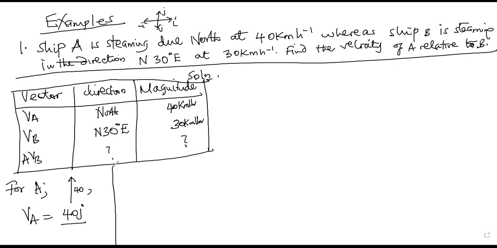Then velocity of B. For B, you have to be smart with the sketch. They're telling us north 30 degrees east. For this case, we have to draw our compass. This is our north, and this is our east.